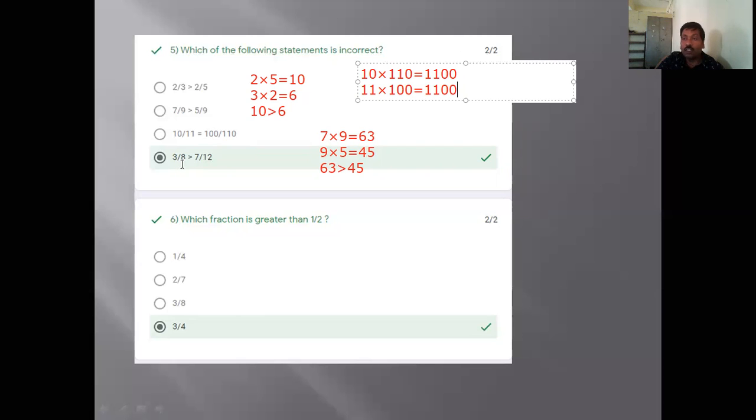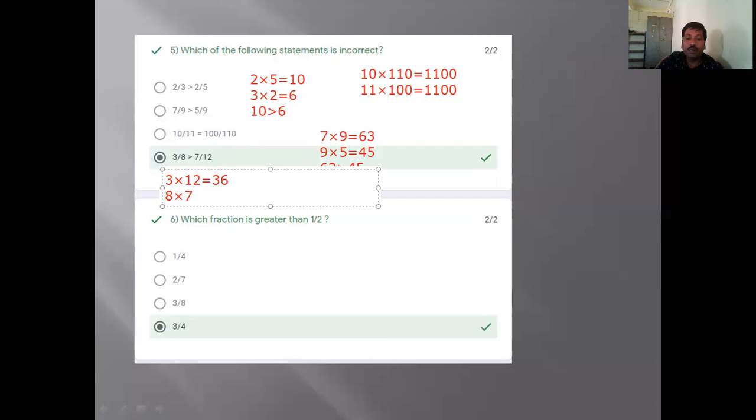This statement is also correct. But in the last option, when we multiply 3 by 12, we get 36, and 8 multiplied by 7, we get 56. Here we see 36 is less than 56.